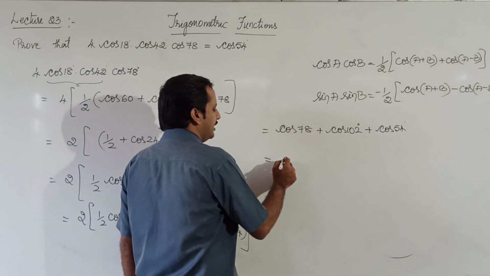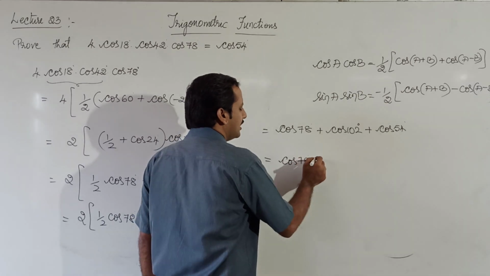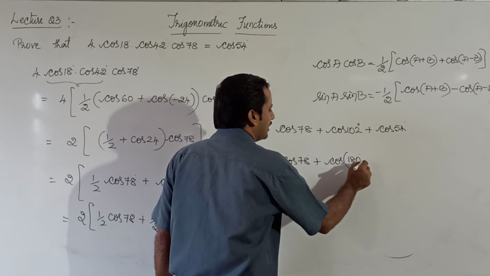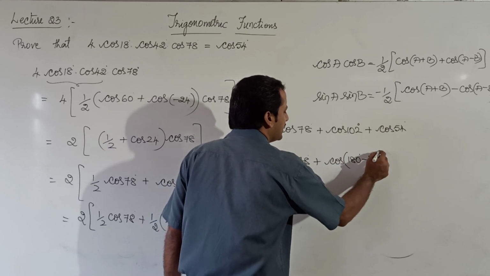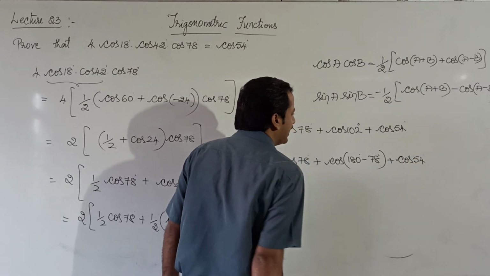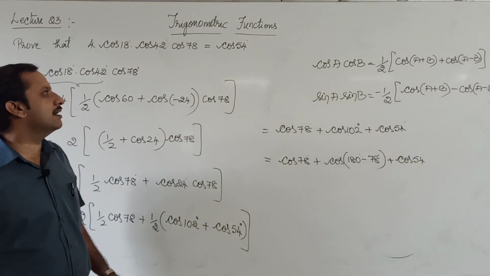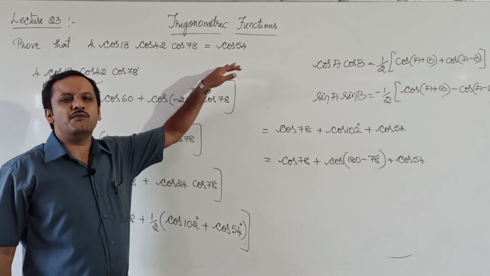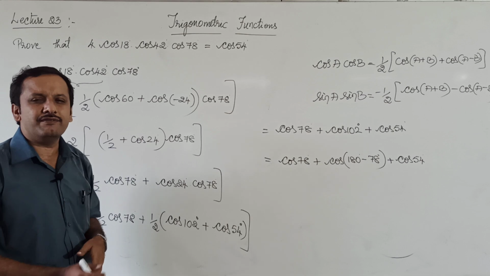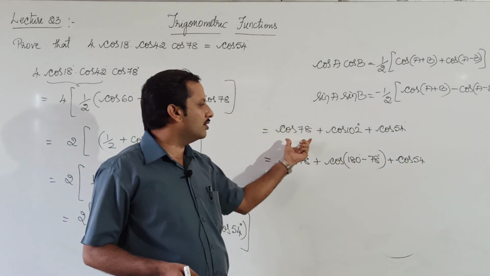I will retain cos 78 as it is, and I will write 102 degree as 180 minus 78, plus cos 54. I retain that cos 54 as it is because I am keeping an eye on what we want to prove. We want to show that this expression is equal to cos 54 degree.